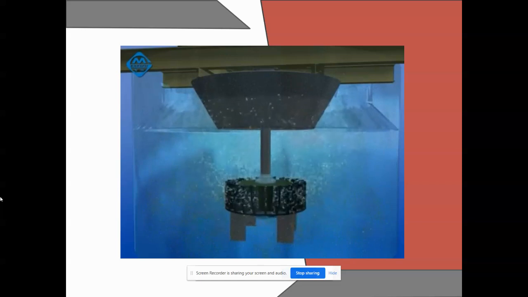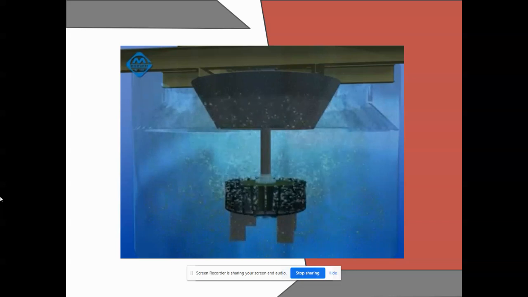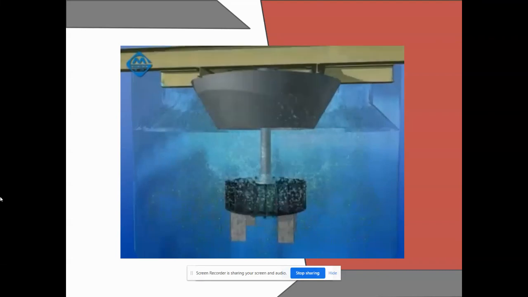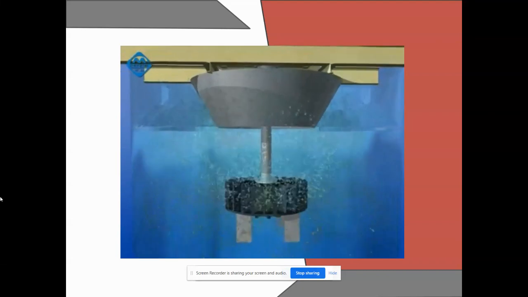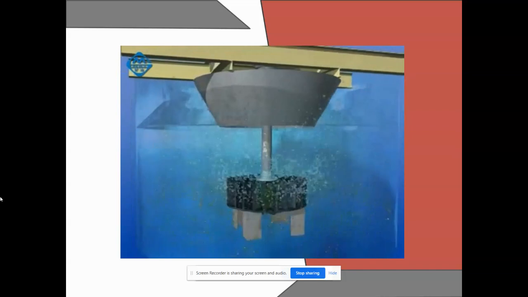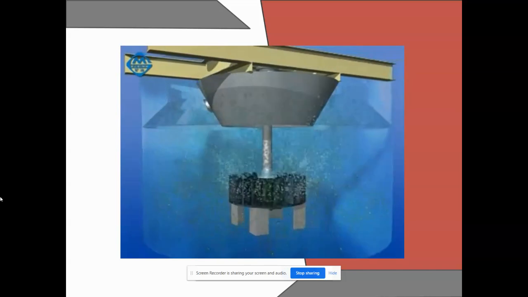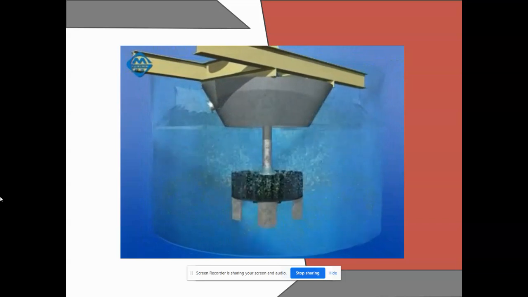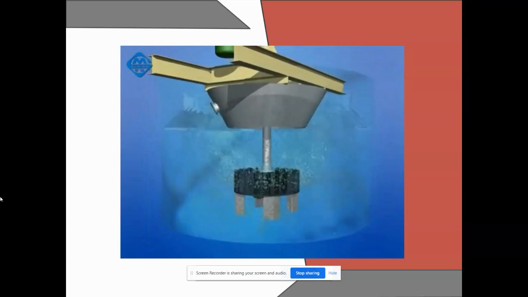Air is forced through the top pipe into the tank, and then the motor starts operating both the pulleys, which turn and rotate the impeller to create bubbles.